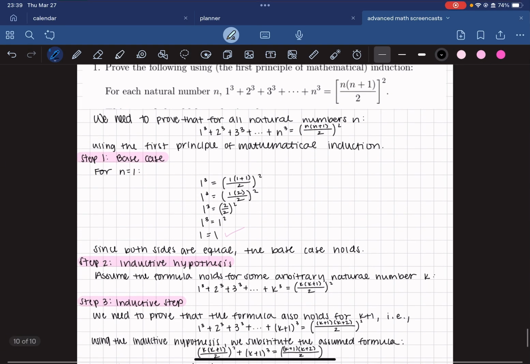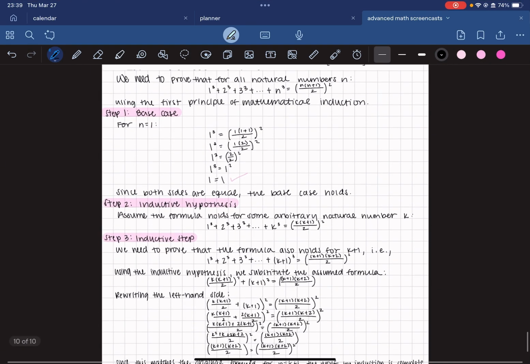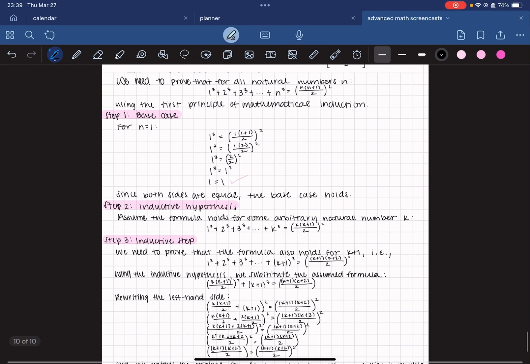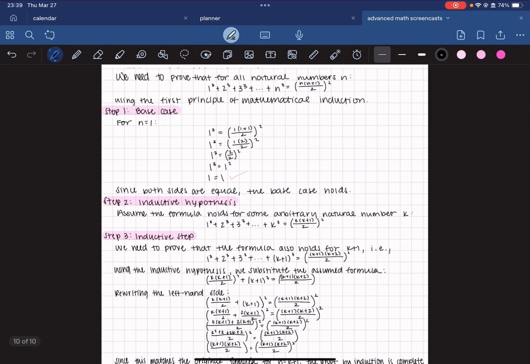So from there we can look at a formal proof and say we need to prove that for all natural numbers n, the sum of cubes is equal to n times n plus 1 over 2, using the first principle of mathematical induction. And then you see our base case holds to be true, so we can move on with the proof.